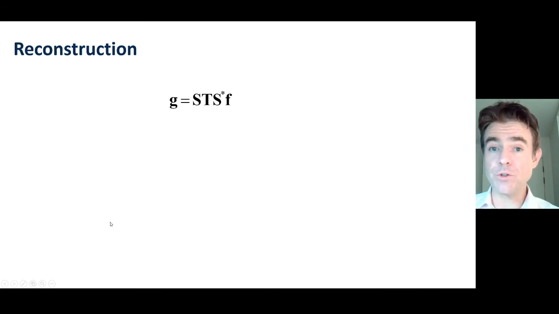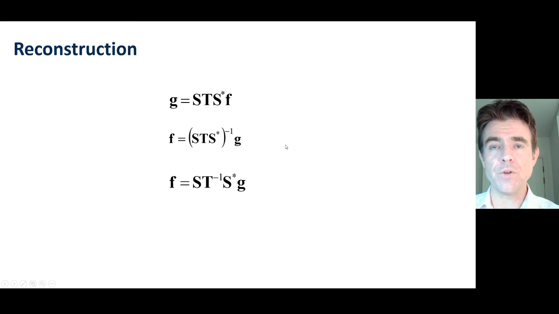And then that also suggests an obvious reconstruction formulation. There is our diagonalized H, G equals HF, but diagonalized, that means F is just the inverse of those 3 matrices. By the rules of matrix algebra, we achieve the inverse by reversing the order and doing the inverse on each of them. The inverse of S: S is the inverse Fourier transform, so its inverse is the Fourier transform, S star.